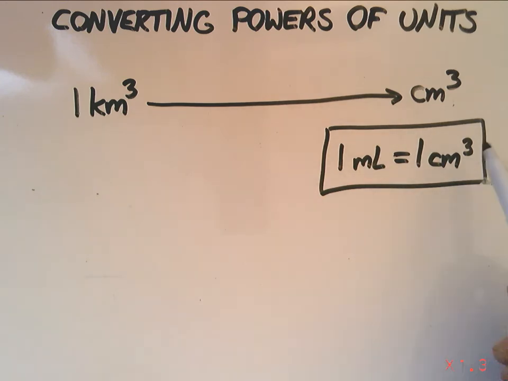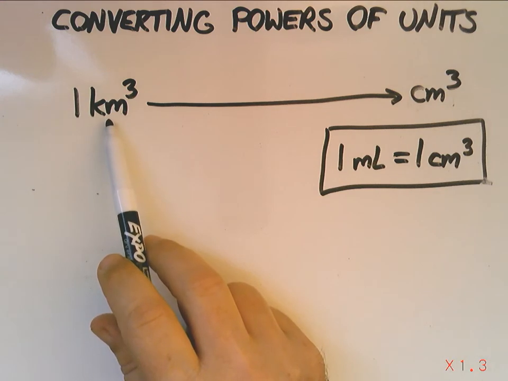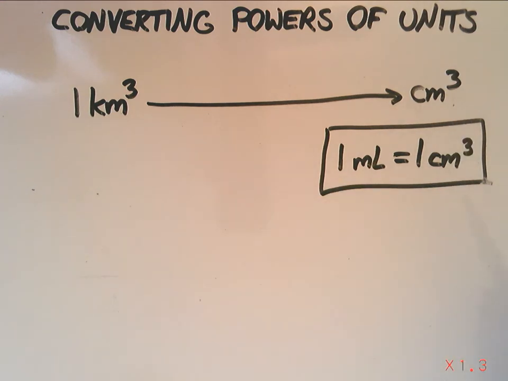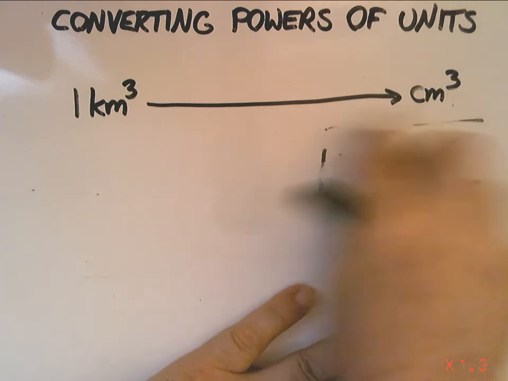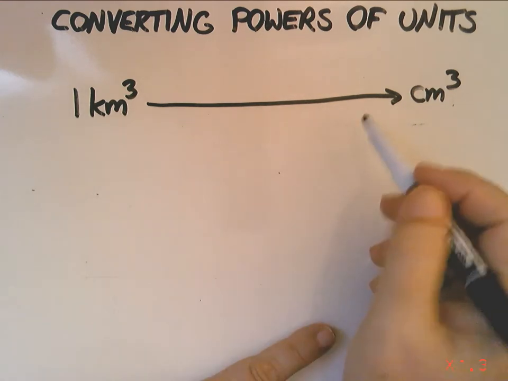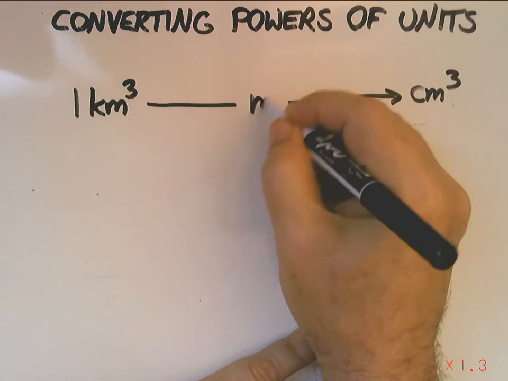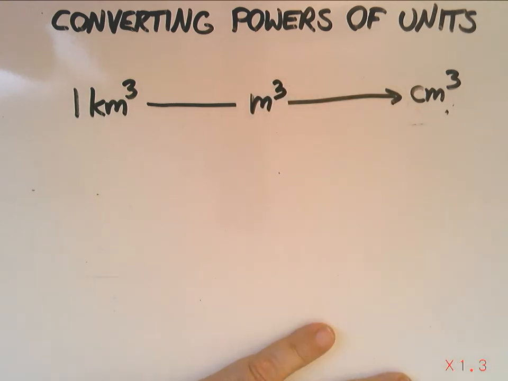So how do I do this? Well, it looks like I'm going from one prefix to another prefix. So I'm going to do basically what I was doing in the last worksheet, which is if I want to swap prefixes, I can take the first prefix off and then put the second prefix on.